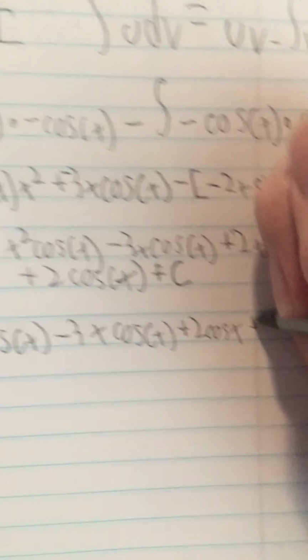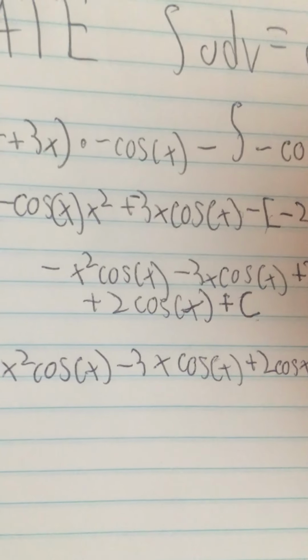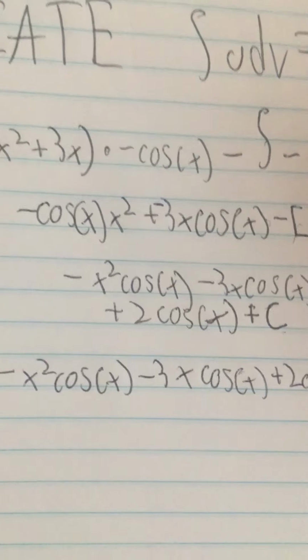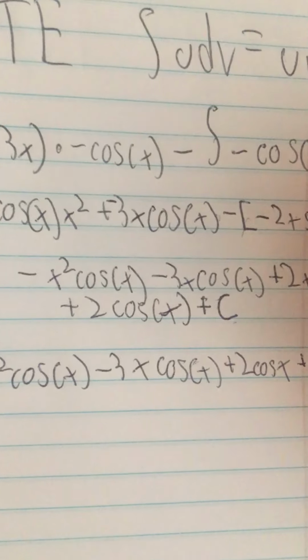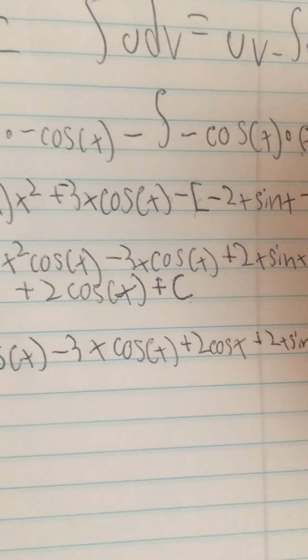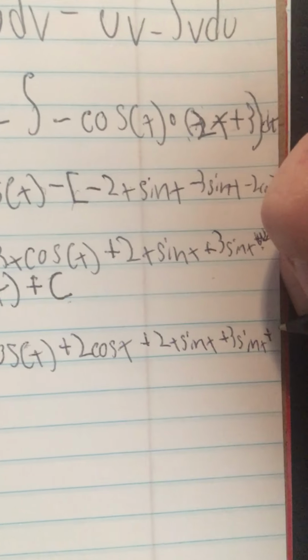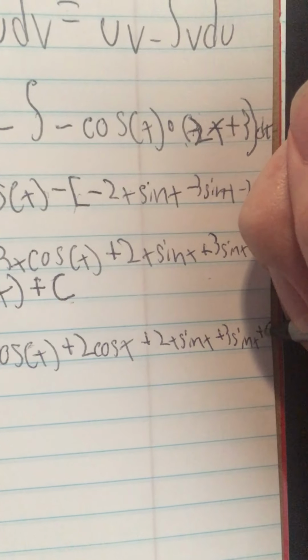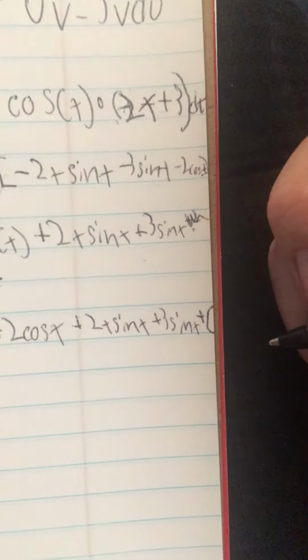Then we're going to have plus 2x sine of x plus 3 sine of x plus c. We're just going to get that right on the edge of the page. It's a very awful c. Sorry, apologies about that. We're going to box our answer. And there you go.